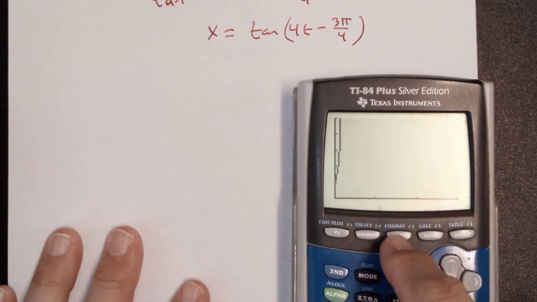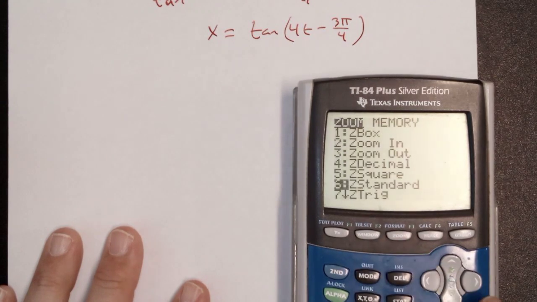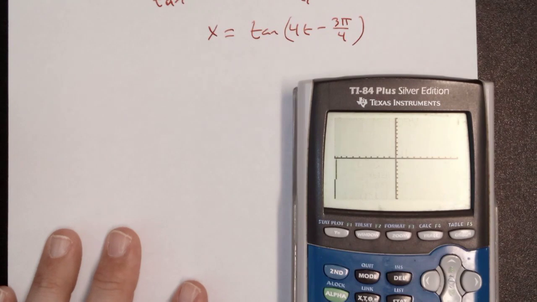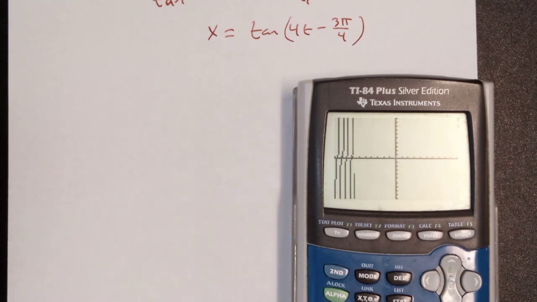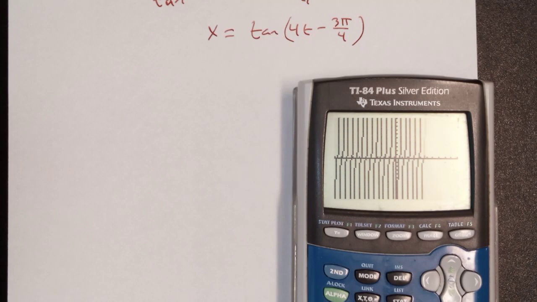Oh, that's not going to help. Let's step back to the standard window. Okay, I see all my asymptotes all over the place, right? Lots of asymptotes here. Regular ordinary tangent has asymptotes where?